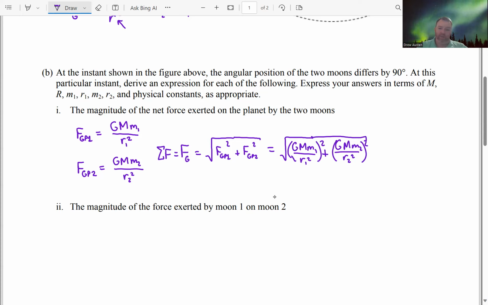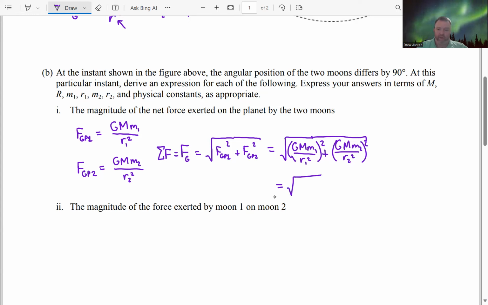However, if this was something like a multiple choice question, it is possible they might have the answers simplified down a little bit further. So it's a good idea to know how to simplify it. And in this case, the way to simplify this is you just take out some common terms. So we have a big G and a big M squared term in this first set of parentheses, and a big G, big M squared term in that second set of parentheses.